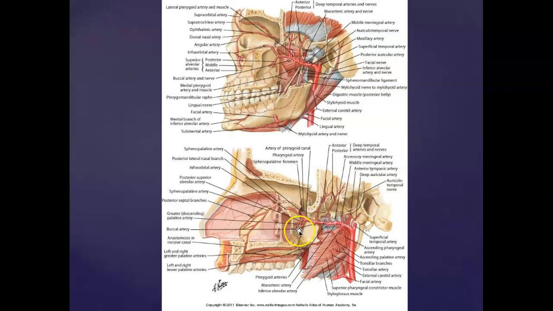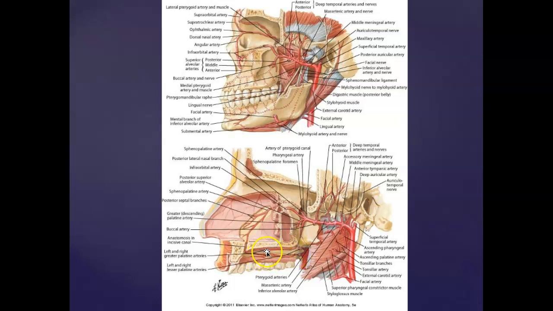Again, off the maxillary, coming down in that pterygopalatine fossa. Deep here is the descending palatine arteries as they come down, and then you'll see how they enter on the bottom of the palate here, right at the lateral part of the maxillary. Boy, I don't know why it's hard for me to say.